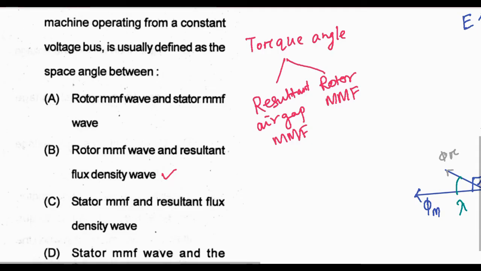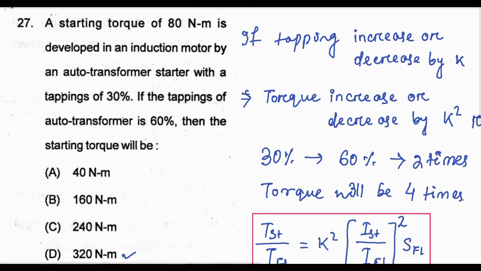Next question is question number 27. A starting torque of 80 Newton meter is developed in an induction motor by an auto transformer starter with a tapping of 30%. If the tapping of the auto transformer is 60%, then the starting torque will be?